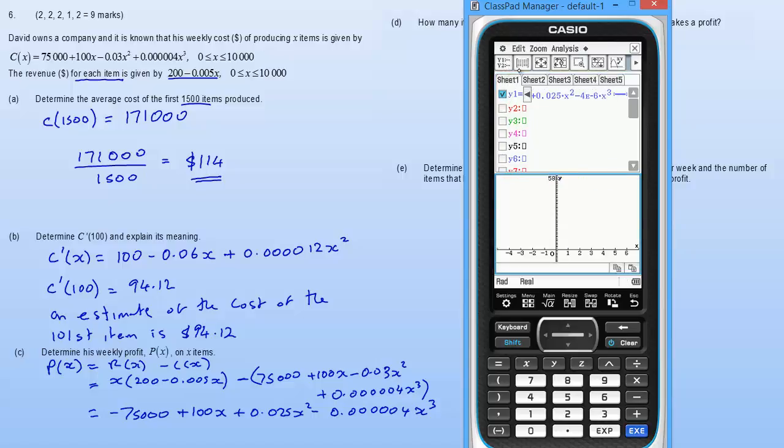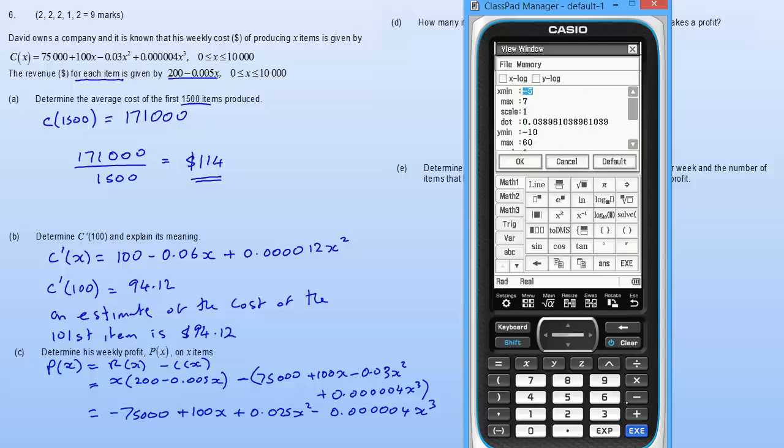A graph, and we're not seeing anything at the moment. That's because of the window. So let's go x is 0 to, well, this says up to 10,000, so why not put that in?